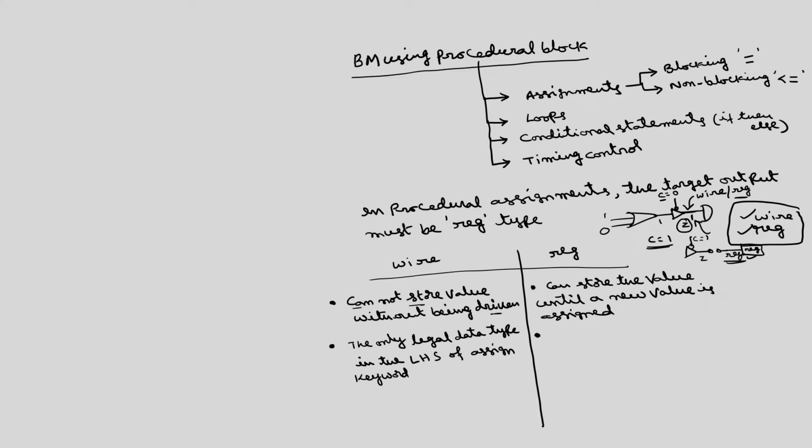If you have something like assign y is equal to a exclusive-OR b, here y can be a wire. In case of an assign statement, the LHS of this assign keyword is a wire, this is the only legal type.